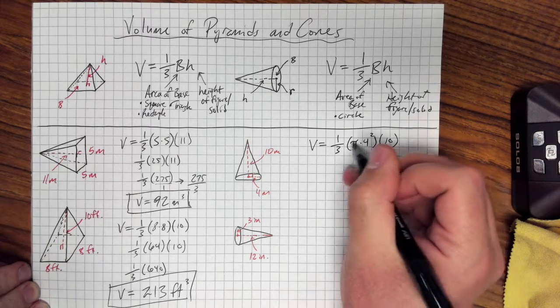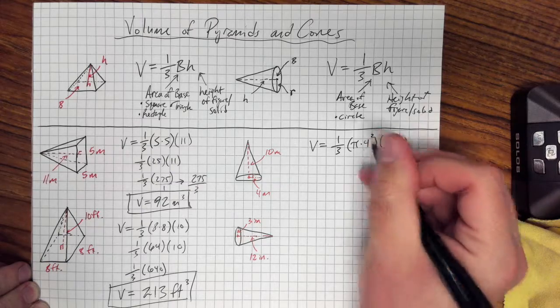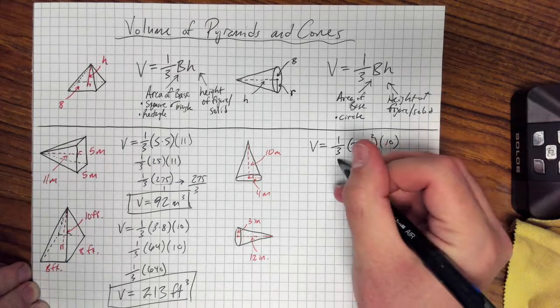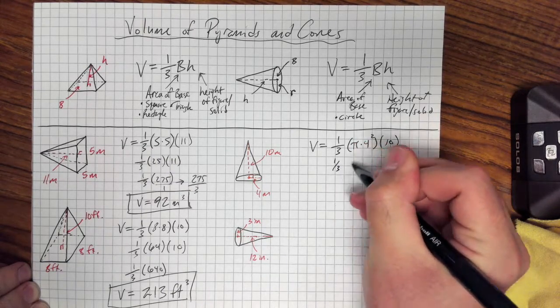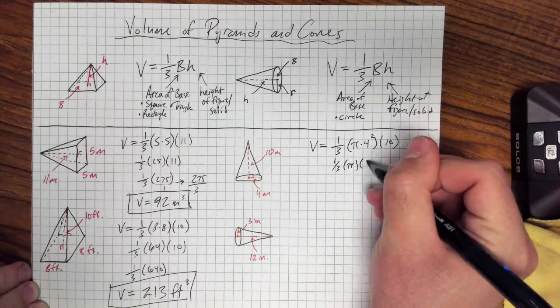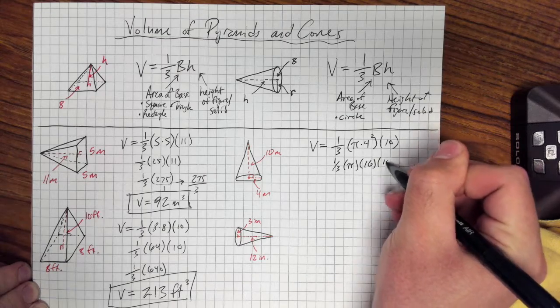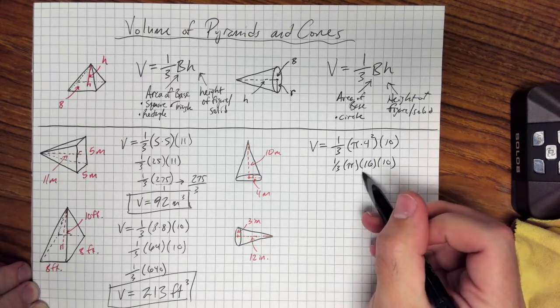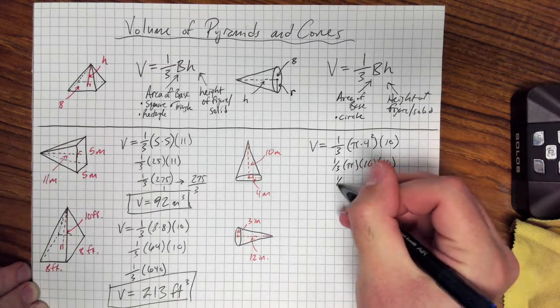So let's not bother with pi until the end. So 4 squared makes this 16. Right there. Pi we're going to leave it alone. Times 16 times 10. 16 times 10 makes that 160.